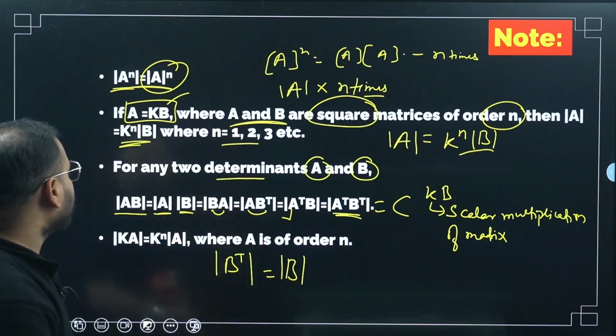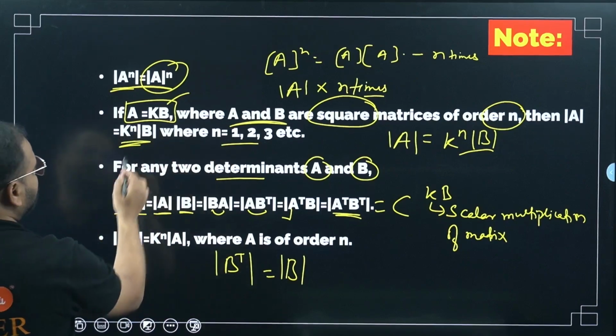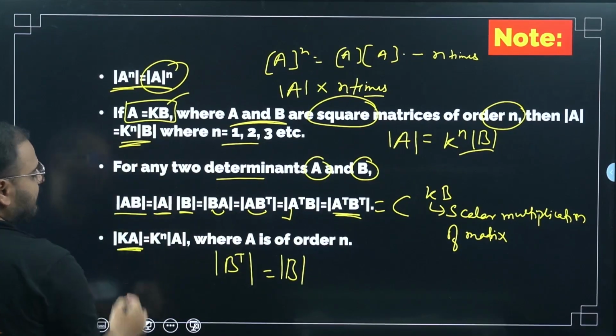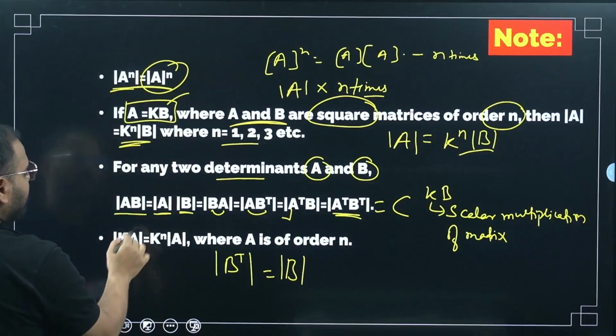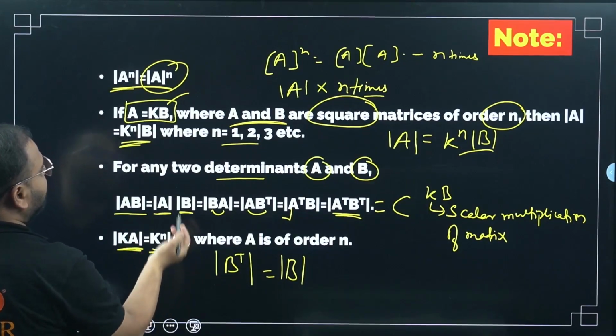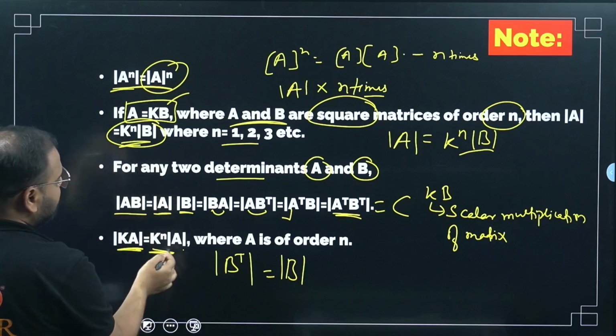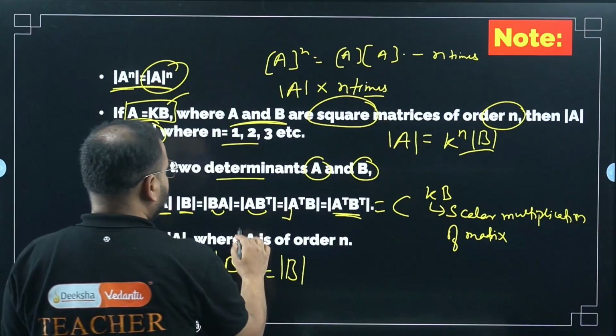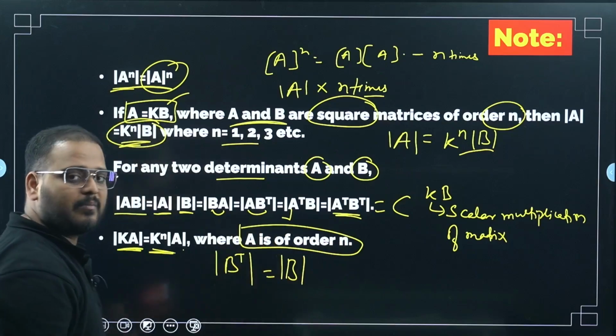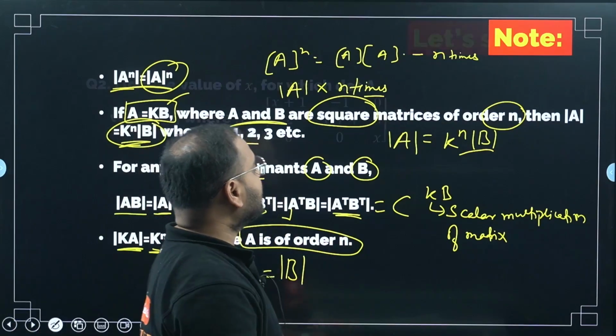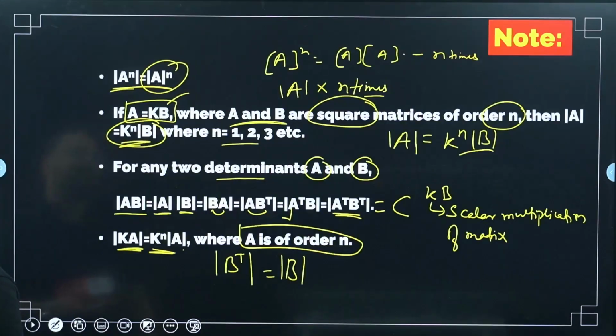If our matrix is written like KA, I can apply the determinant and get K power n times determinant of A, where A is a square matrix of order n. I hope this is clear.